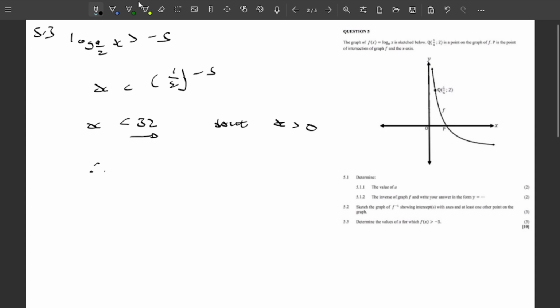And from here on, you're going to say x is between 0 and 32. The reason why we used the second part is that if you use the graphing method of the f of x function, this means it's found between, therefore we use this one. Alright, now we can move on to the next question, which is question 6. If you have any questions regarding this one, please do let me know.